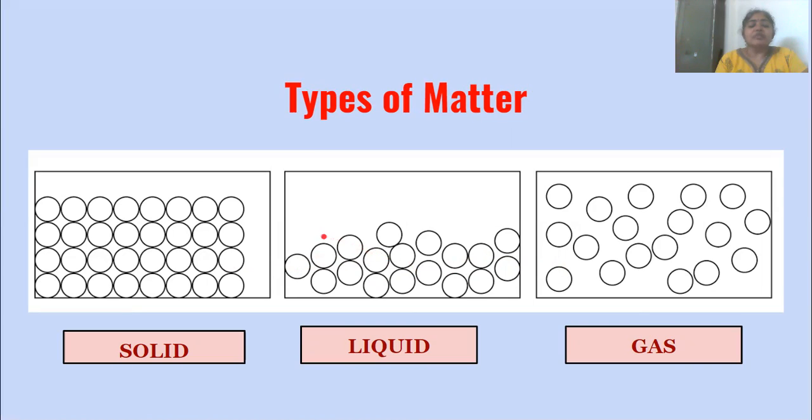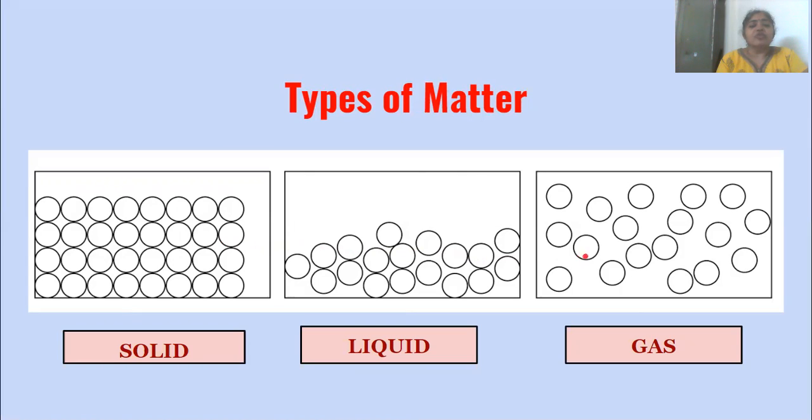And because of this intermolecular distance, we can decide the extent of force that exists between the molecules. Since the particles in a solid are very compactly arranged, having the minimum intermolecular distance, the intermolecular forces of attraction between them will be the maximum. Whereas in gases, the intermolecular forces of attraction or repulsion, whatever they may be, are going to be the minimum, since the particles are very far away from each other, having maximum intermolecular distance.